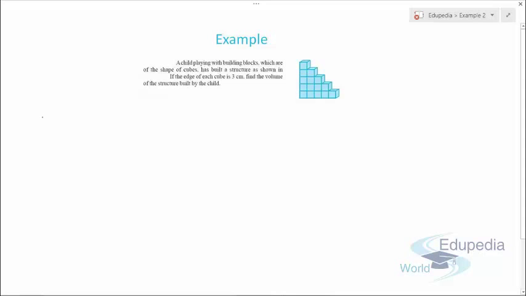Now, it's given that edge of each cube is 3 centimeter. So we can say that volume of each cube is 3 times 3 times 3 centimeter cube.